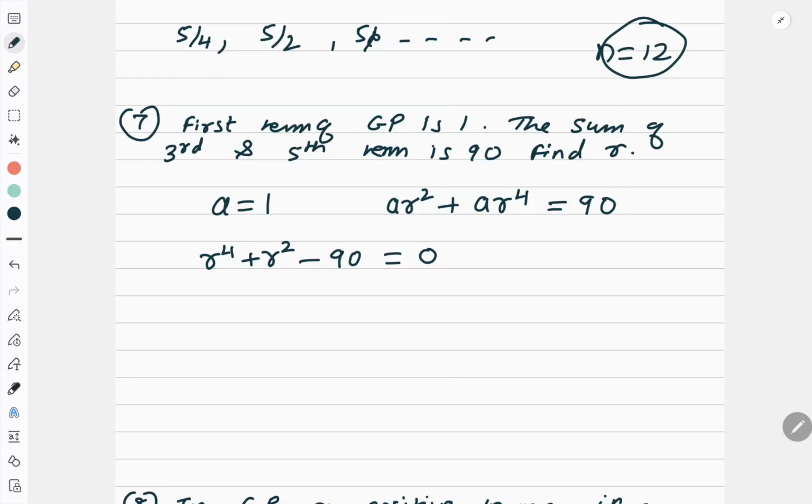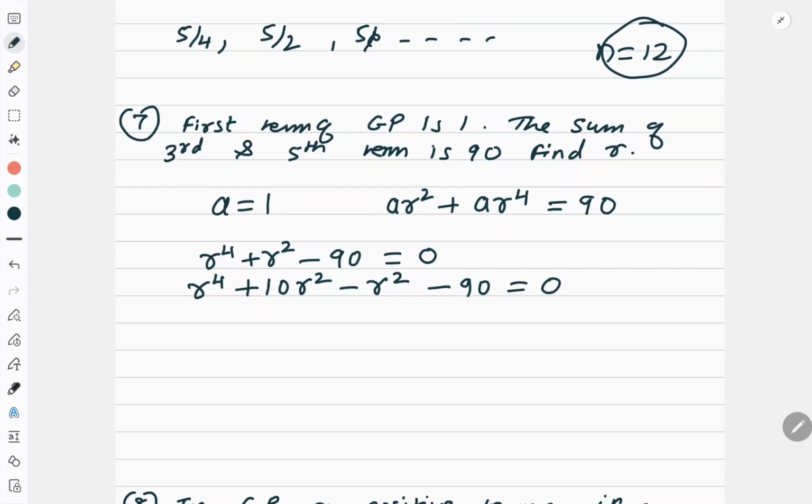Correct. So this is a quadratic equation. If you put r square is equal to t, it becomes a simple quadratic equation, or you can say it is a quadratic equation in r square. Right. So think about two factors of 90 whose difference is 1. So I know 9 tens are 90. So I can write it as r to the power 4 plus 10r square minus r square minus 90 is equal to 0.